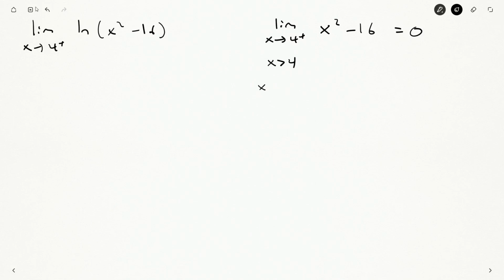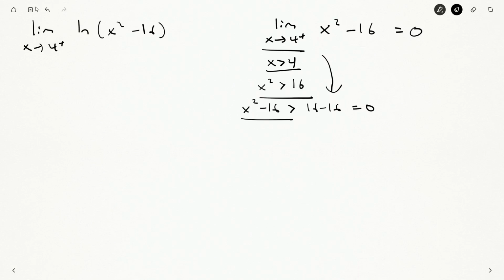So that tells me that the x squared values are always greater than 16. Square both sides. So that tells me x squared minus 16, yeah, it's going to 0. But it's always going to be above 0. Right? You see how those inequalities work there? We know the x values are always greater than 4. So x squared is always greater than 16. So we're always approaching 0 from above.